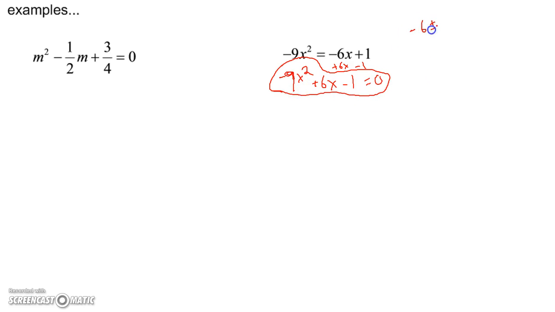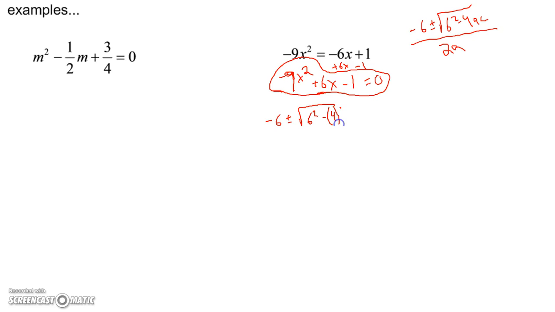Minus b plus or minus the square root of b squared minus 4ac all over 2a. All you have to do is know that formula, figure out your numbers, and plug it in. So let's look at this. This would be minus, our b is plus 6, so it's minus 6 plus or minus the square root of 6 squared minus, again, this is how I do this.